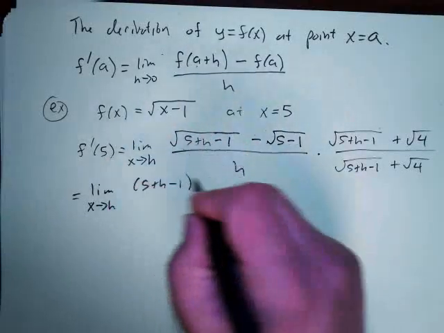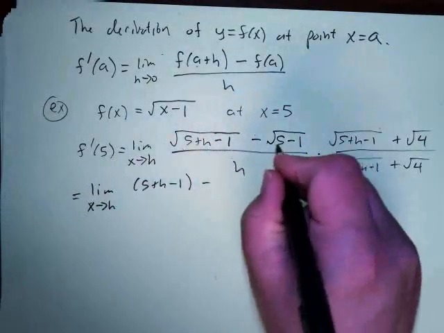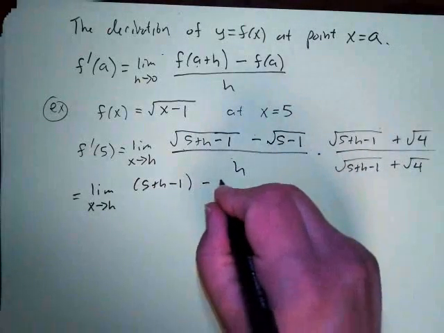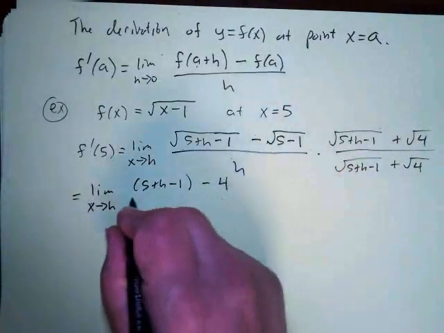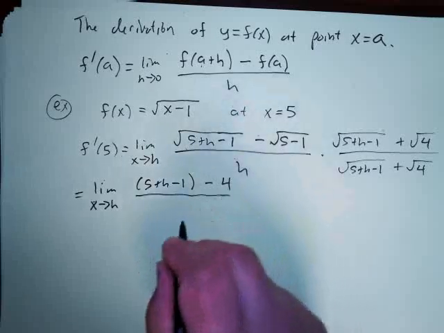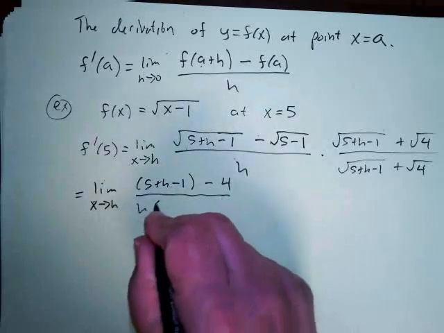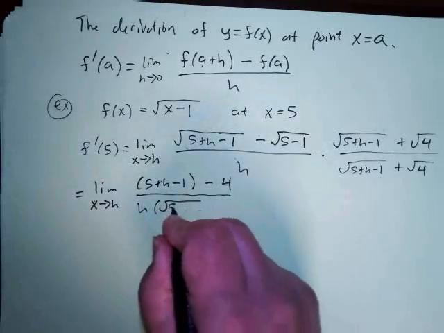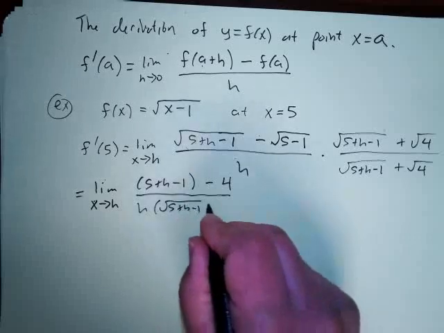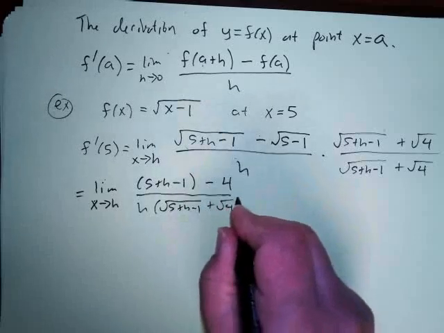The square root of that squared just gets rid of the square root, and then this squared would just be 4, all over h times the square root of 5 plus h minus 1 plus the square root of 4.